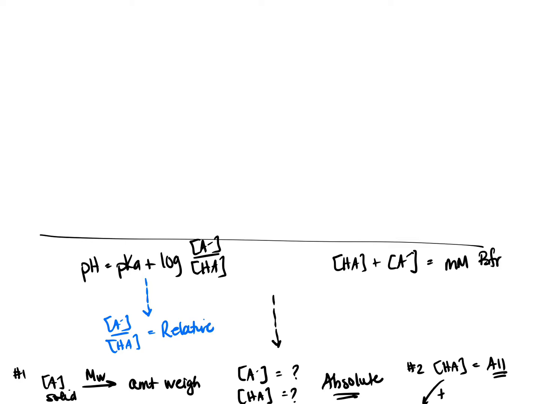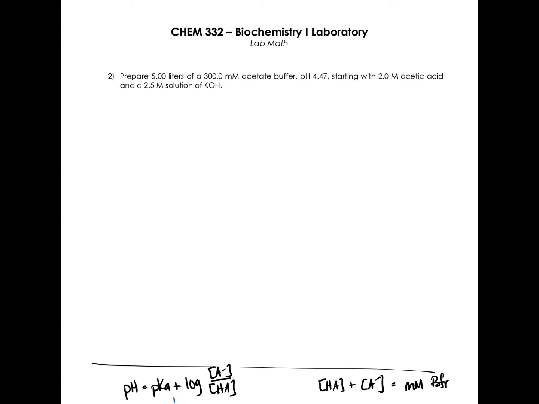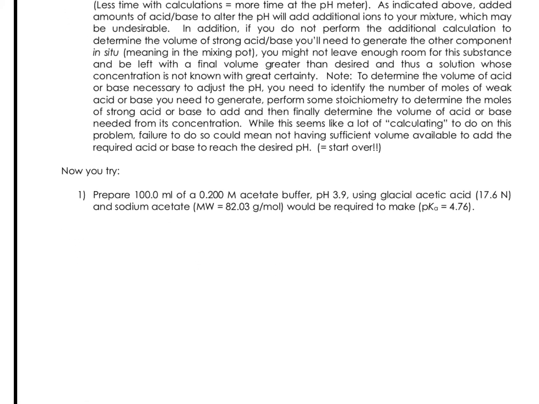And then we're going to add a strong base, and we're going to make the amount of A minus that we need in the solution. And we're going to use solution stoichiometry to figure out exactly how much KOH we're going to add. So hopefully that overview made sense. We're going to go through now and work through both of these different buffer problems.